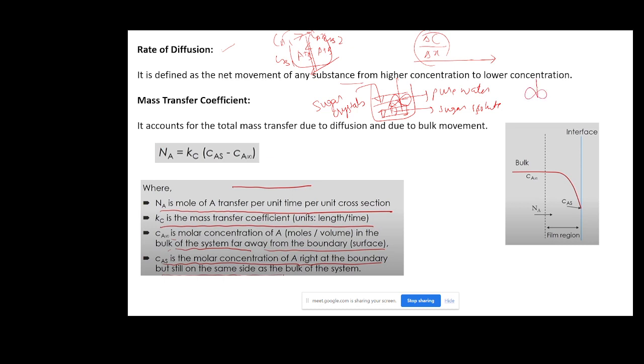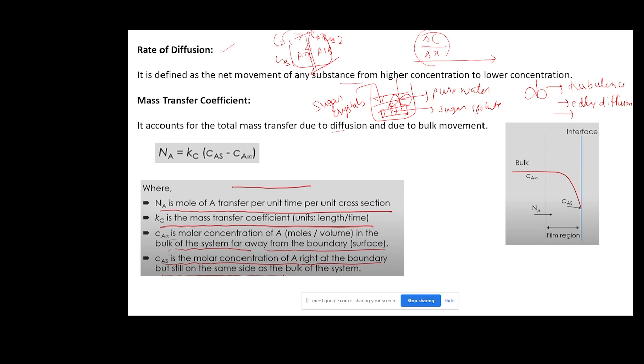You are applying some turbulence, which can be termed as eddy diffusion, which is due to the external mixing or external bulk movement that you provide. So the more rigorous mixing you apply, the faster the sugar crystals mix in the pure water.